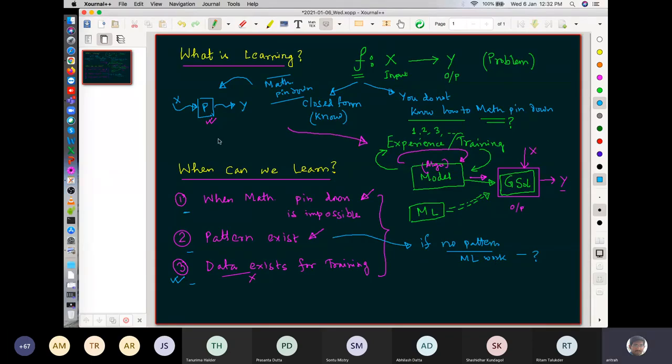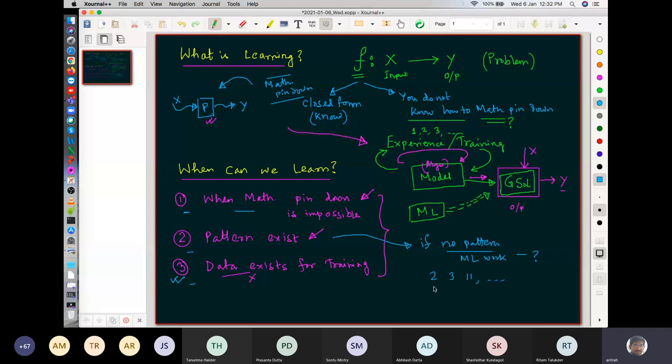Secondly, can we do machine learning for deterministic problems as well? When mathematically we can pin down, let's say, can we do machine learning to know whether a number is prime or not? Given a number n, can we do machine learning for a number prime or not? I have, let's say, thousands of such examples. I give you that 2 is prime, 3 is prime, 11 is prime. These are my test examples. You will see that in case where we have a deterministic solution, we can apply machine learning, but that is not the goal of machine learning, and the benefit of machine learning is not established by that.